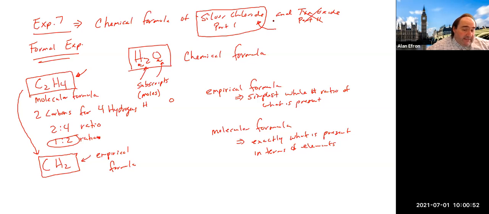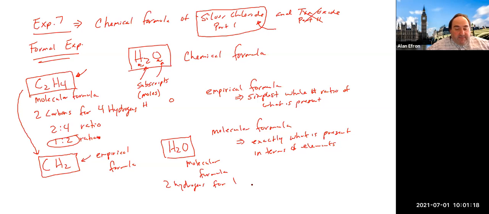Now, in certain cases, the molecular formula and the empirical formula are exactly the same, like the case of water. If we look at water, where H2O is the molecular formula, that is 2 hydrogens for every 1 oxygen that's present. That is a 2-to-1 ratio. There is no way to reduce a 2-to-1 ratio by dividing by a number and still get a whole number.